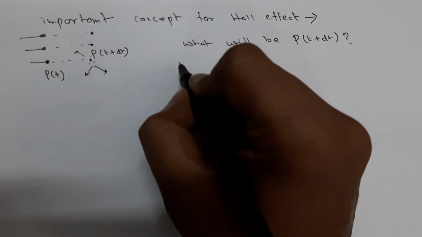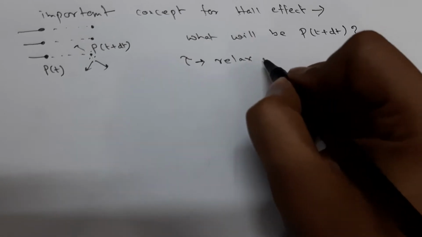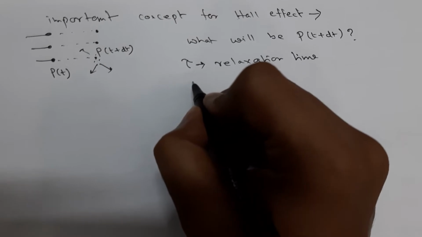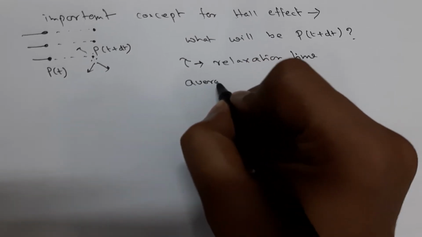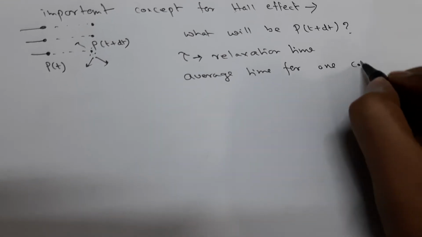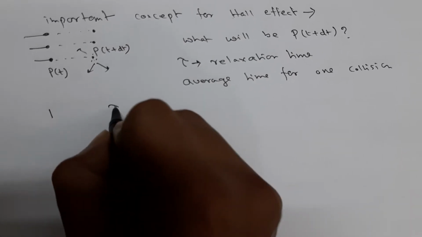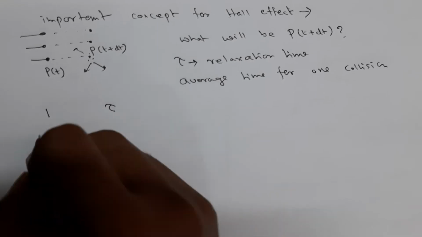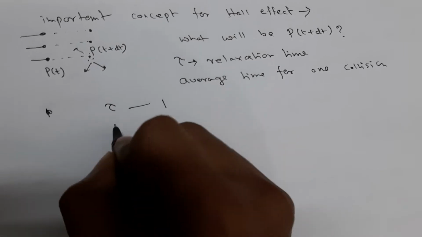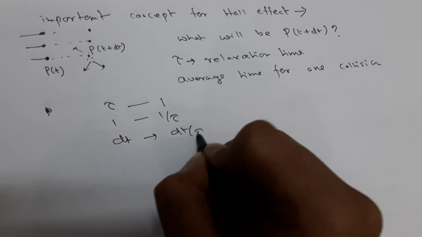Earlier we have learned about the concept tau, that is the relaxation time, and generally this is the average time for one collision. So if one collision happens in tau time, then in unit time it is 1 by tau, and then in dt time it is dt by tau.